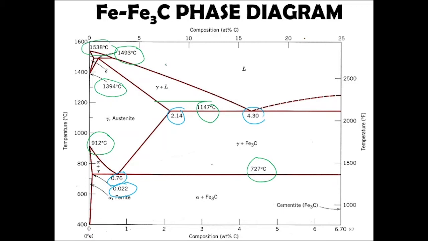I repeat again, the green circle is focusing on the temperature and the blue circle is focusing on composition. This temperature and composition are very important for us in order to determine the microstructure and changes that occur at certain sections in the iron-iron carbide phase diagram.